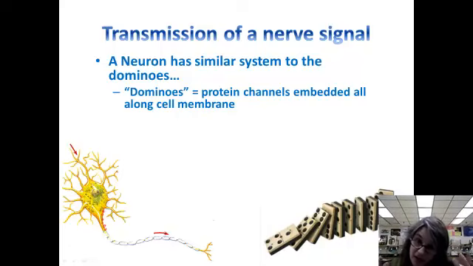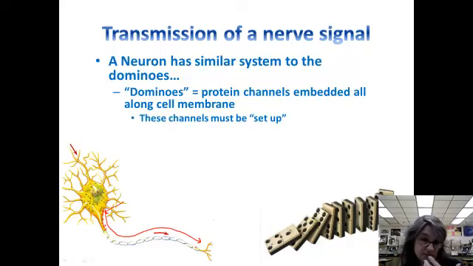This time it's going to be other molecules, ions, that are moving through these channels. But there are channels embedded all through here, and they act like dominoes. If this is the first channel right there in our domino chain, and we do something to it, then that event is going to be passed through all of the channels as they go down through the neuron. So those little protein channels will act like dominoes. If something happens to the first one, it gets tipped, the others will get tipped in turn. Okay?